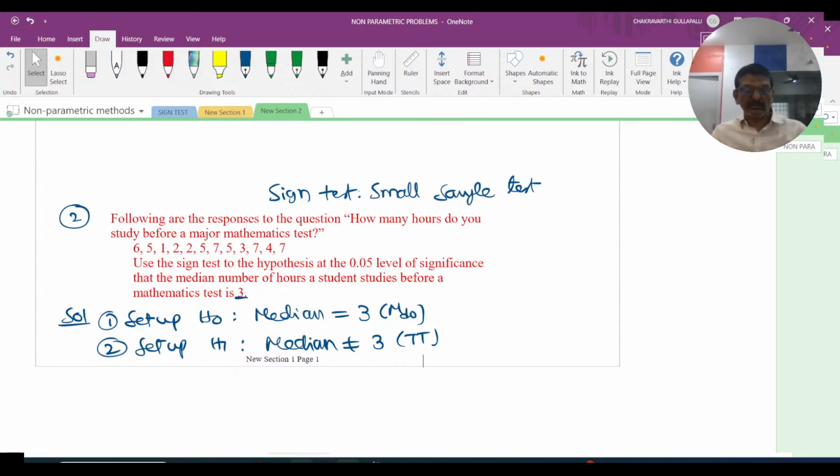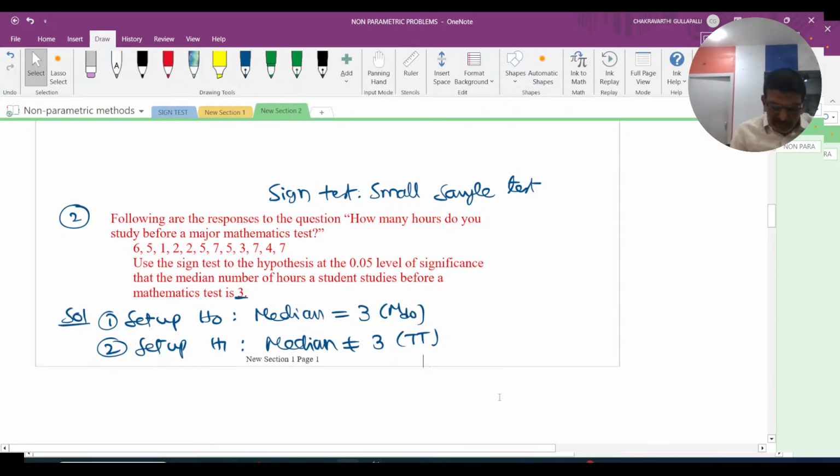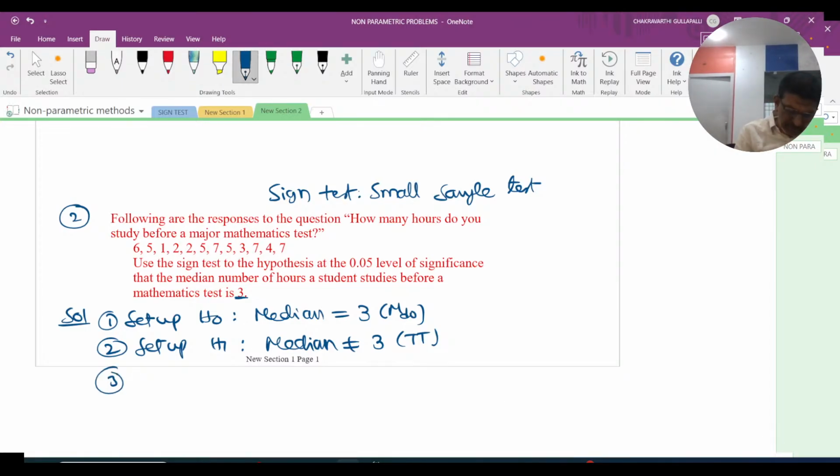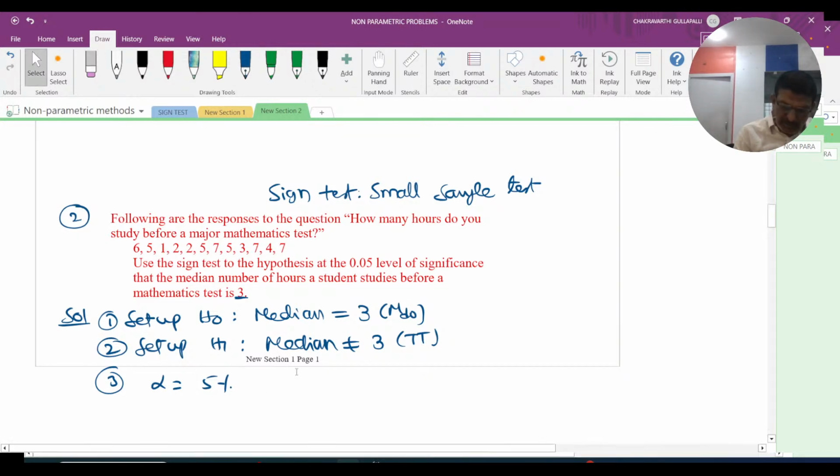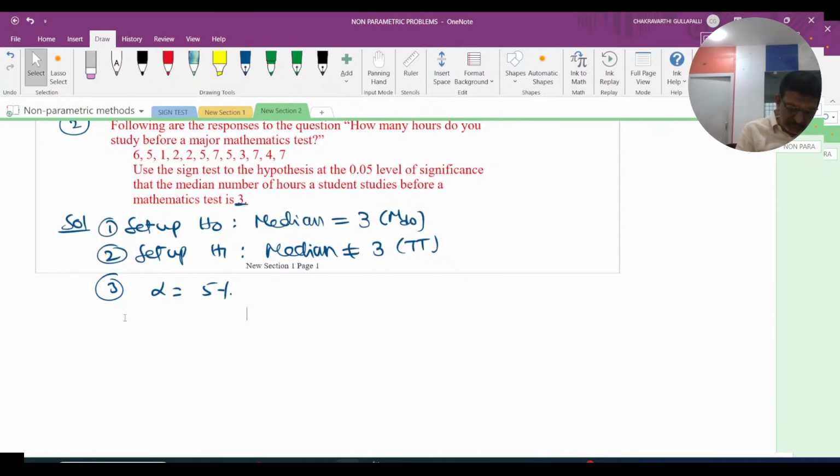It is only asking whether the median is 3, so the alternative hypothesis is not equal to 3. Alpha is equal to 5%, as given in the problem.